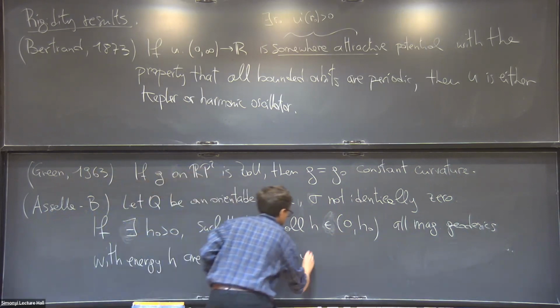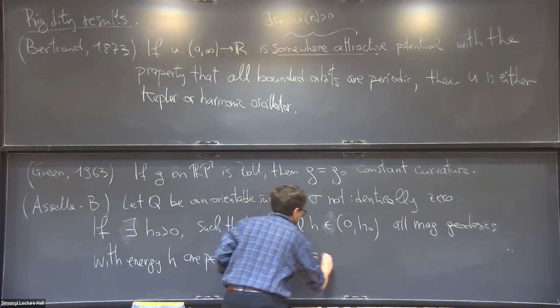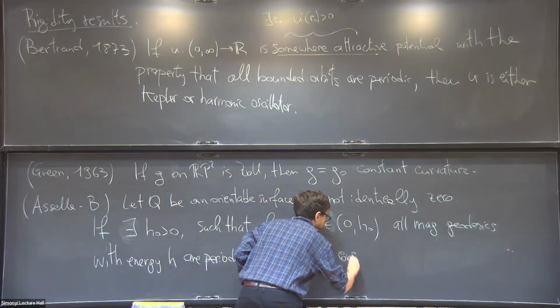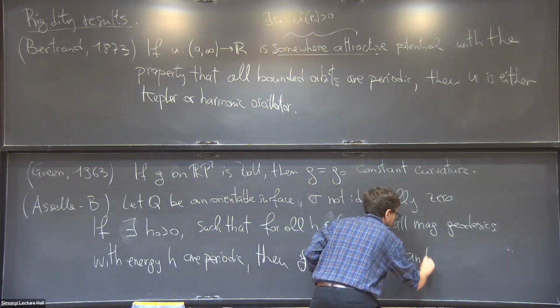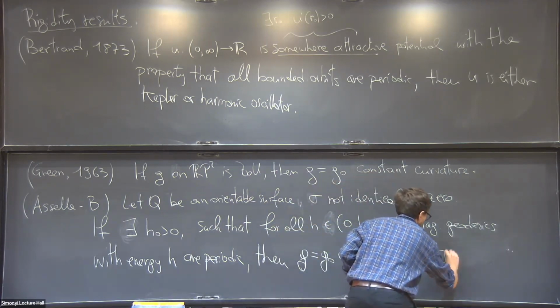Then g has constant curvature, and sigma is just a multiple of the area form.